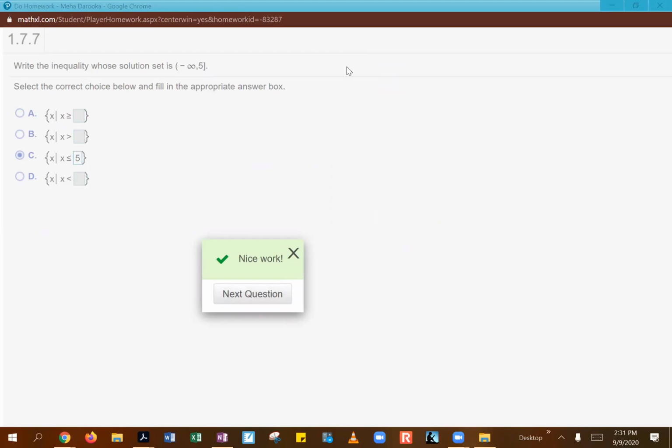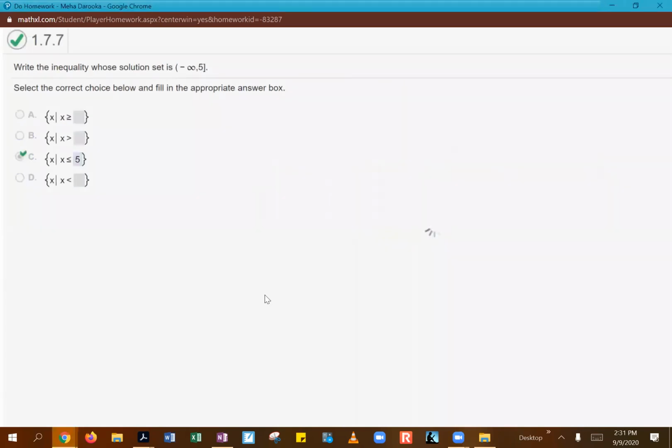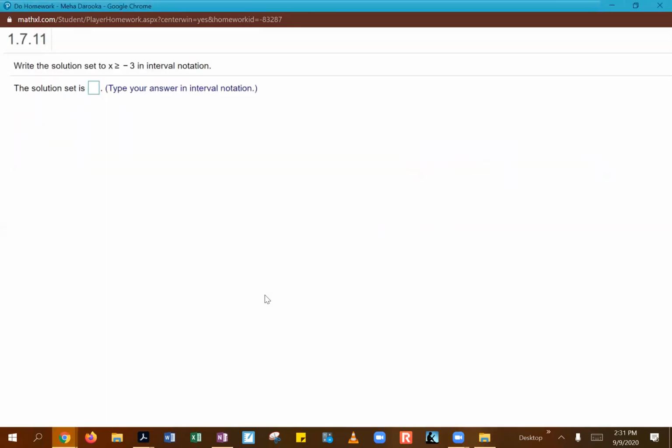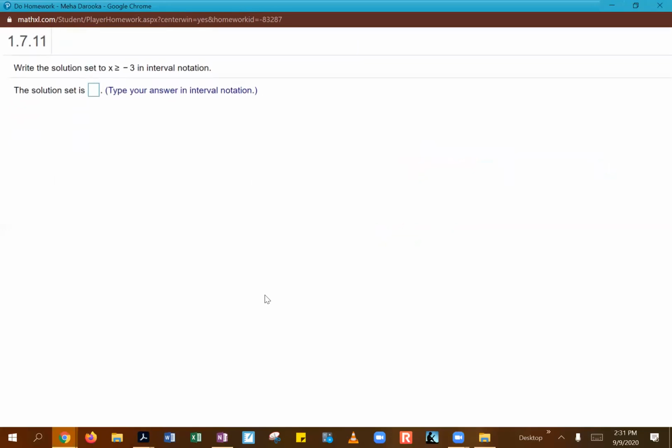And then something similar on the next one, where they're actually now giving you the inequality and asking you to put it in interval notation. So in interval notation, how would we go about writing this? So this one, they are giving us X is greater than or equal to -3.